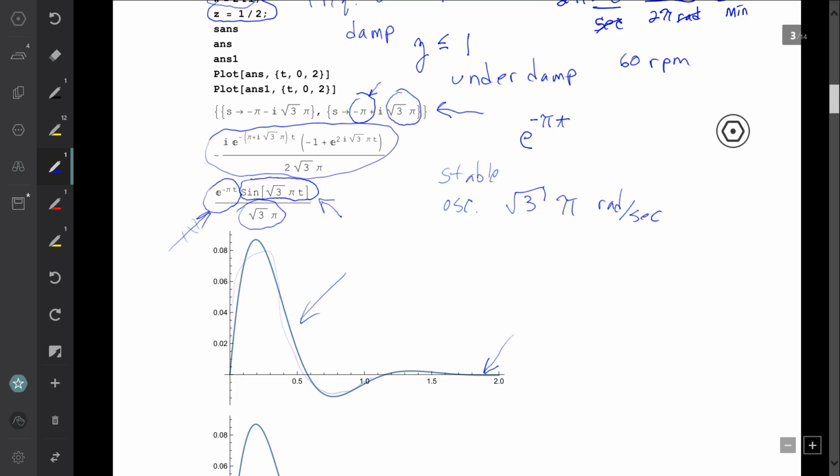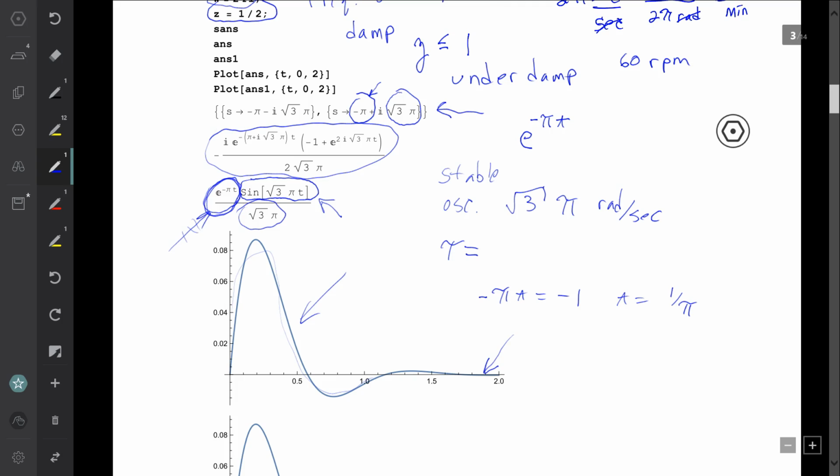The time constant is usually written as tau. The time constant is basically taking the component of the e term, minus pi t, setting it equal to -1 and solving for the time constant. So the time constant is equal to 1 over pi.